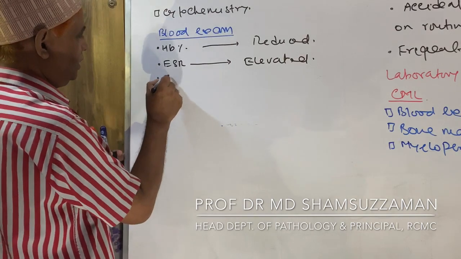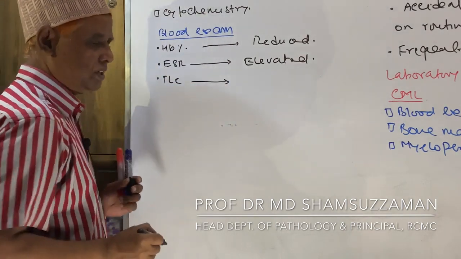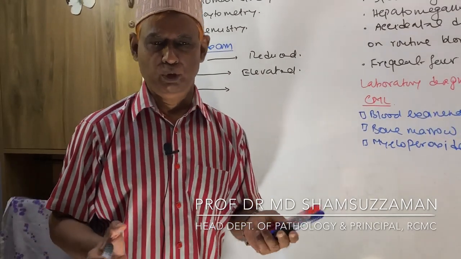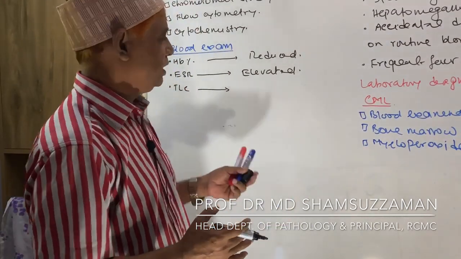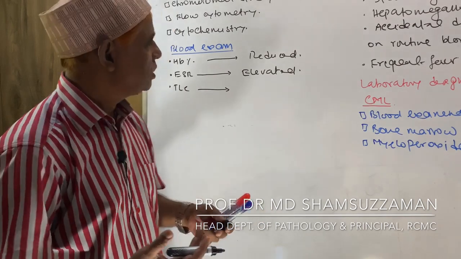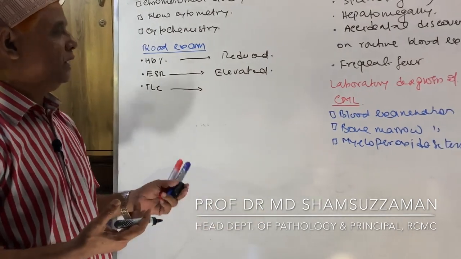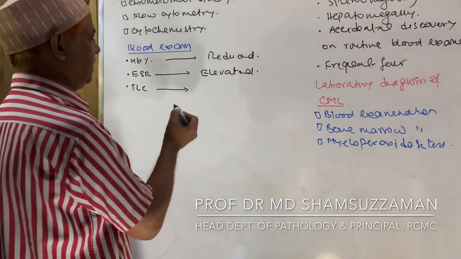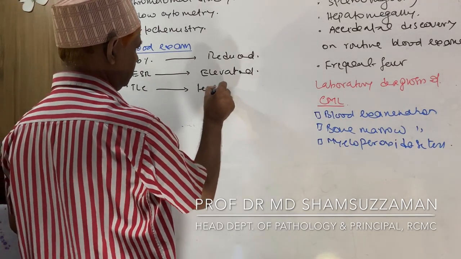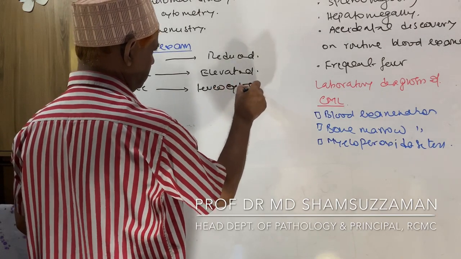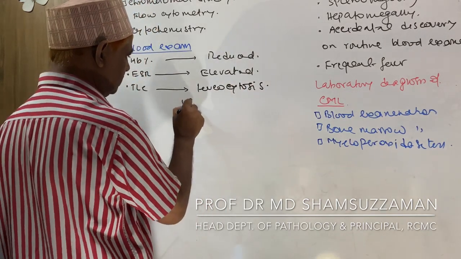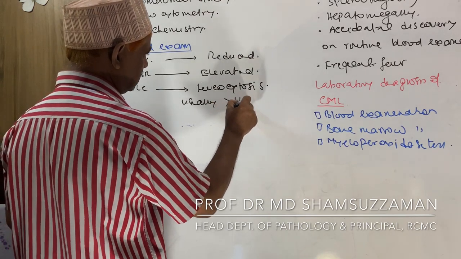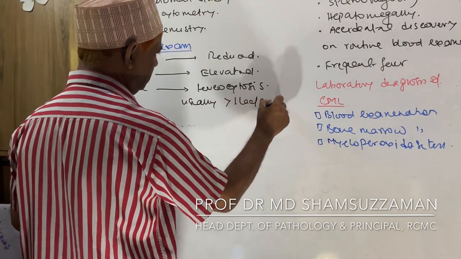We have to do TLC, total leukocyte count. You know, normal count is 4,000 to 11,000 per cubic millimeter of blood. In case of leukemia, it is usually leukocytosis. So we'll get leukocytosis, and the count is usually more than 1 lakh per cubic millimeter of blood.